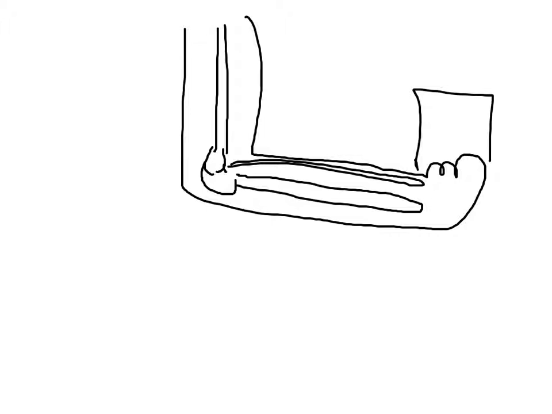We have the bicep at the front. So your bicep is here, you guys know that. And what the bicep does is it attaches to your bone like that. It's going to be hard to see, but this little bit here is where it attaches to your bone. This here is your elbow, so this is the pivot point of your arm. If you think about it, I'm going to quickly draw this on here.